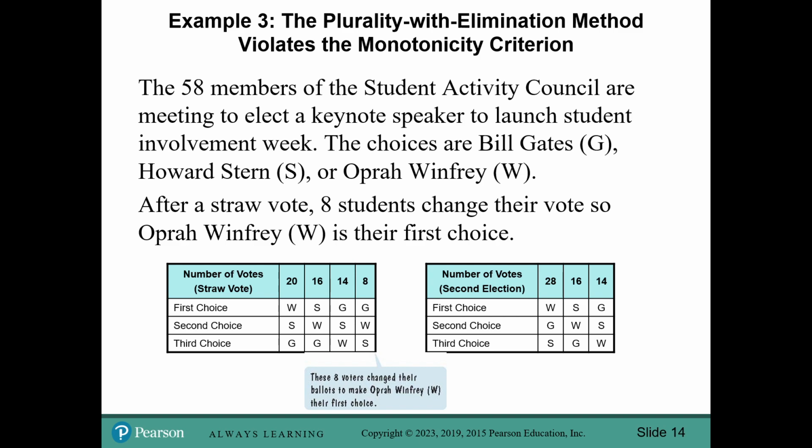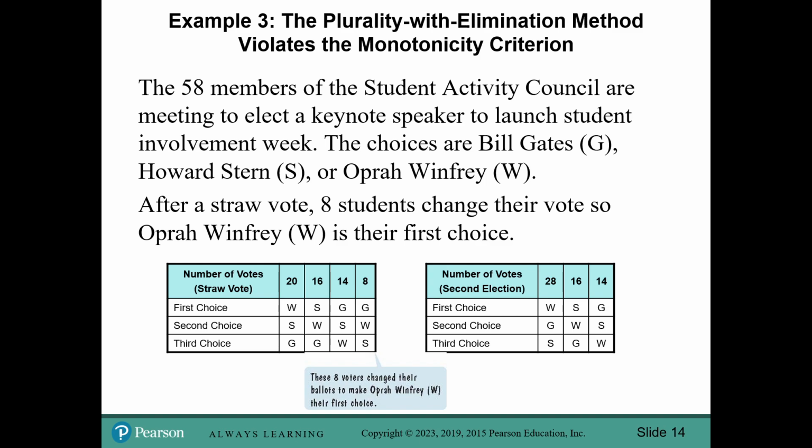The choices are Bill Gates, represented with a G, Howard Stern, represented with an S, and Oprah Winfrey, represented with a W. After a straw vote, 8 students changed their vote so that Oprah Winfrey, W, is their first choice. Okay, so what you see in the chart on the left is the number of votes with your straw vote, and what you see on the right is the second election. Notice here that these 8 voters changed their ballots to make Oprah Winfrey their first choice.